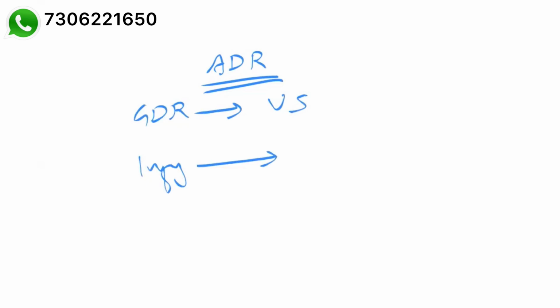Now, what is the case of ADR, American Depository Receipt? These are nothing but GDRs issued in the US. If Infosys wants to issue its security, it will approach a depository bank of the US, let's say Lehman Brothers, and they'll issue the ADR in dollars.